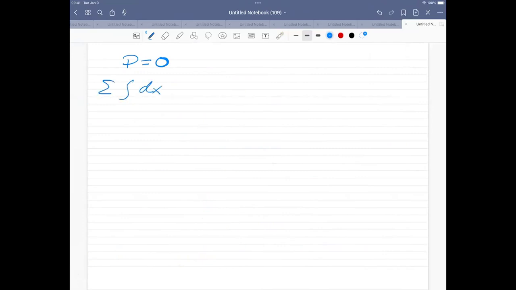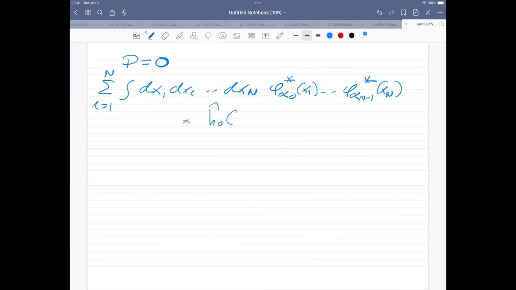We have a sum over i equal 1, the operators, dx1, dx2, up to dxn. And then we have phi alpha 0 of x1, up to phi alpha n minus 1 of xn, multiplied with h0 of x i.